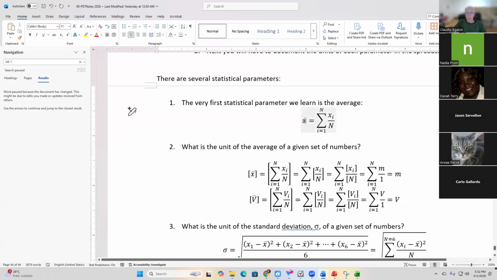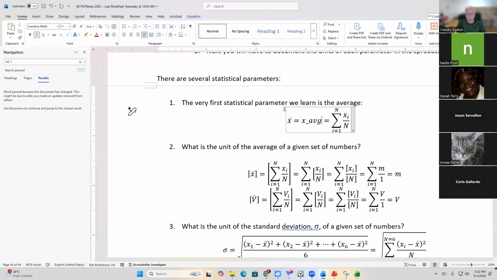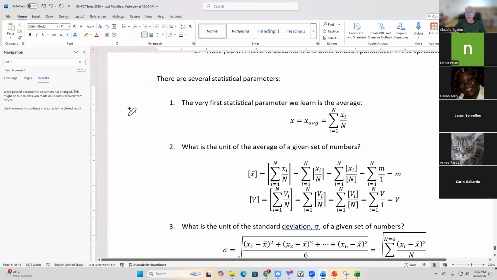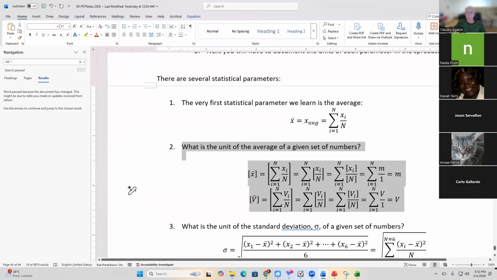We usually abbreviate the average of a given value as X bar, but some books also write that as XAVG. Some books also write like that. And here's the equation.